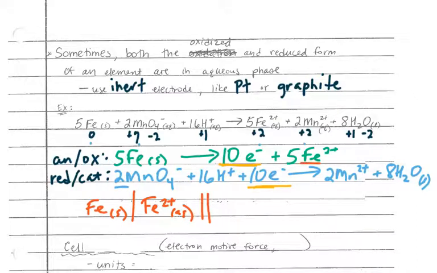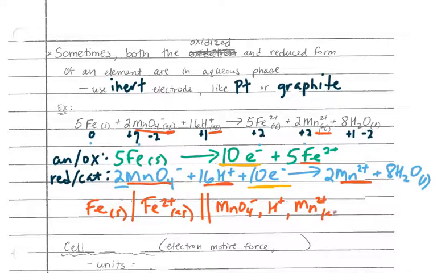The cathode aqueous components are the MnO4 minus, which is aqueous, the H plus, which is aqueous, and also the Mn2 plus ions are aqueous. So all of those we will list here: MnO4 minus, H plus, and Mn2 plus.